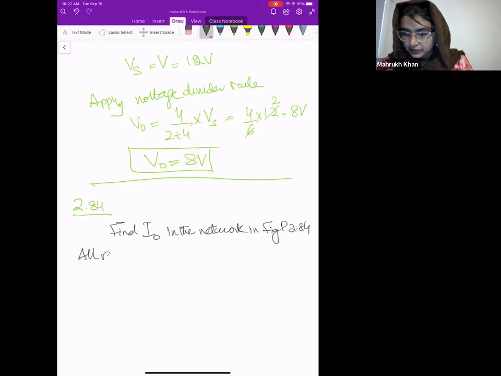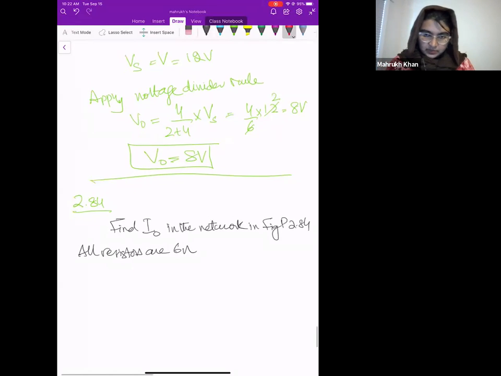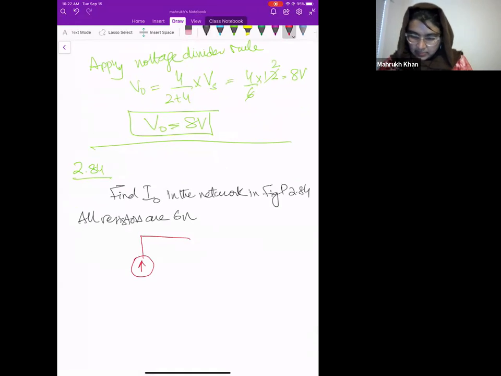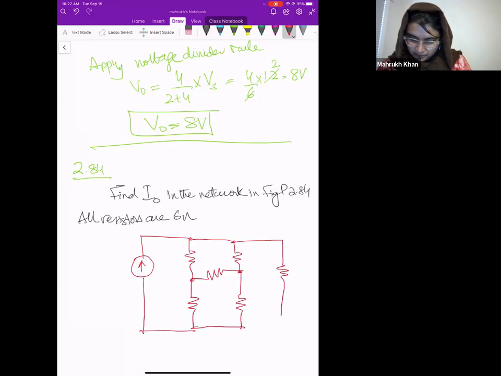And all resistors are 6 ohms, okay? And the current is 6 amperes, I think.